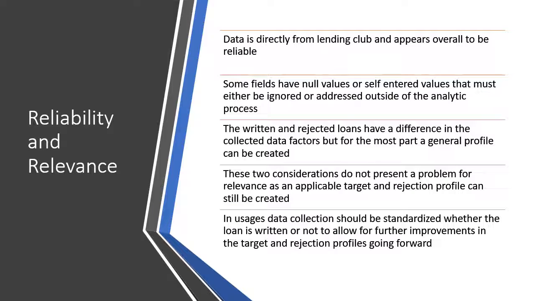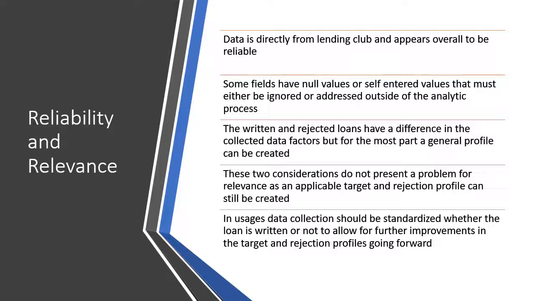At this time, I assess that the data we have before us is both reliable and relevant to the analytic problem we're solving. The data is directly from the Lending Club and overall appears to be reliable. I have no reason to question the veracity, integrity, or capability of the data to apply to the problem.